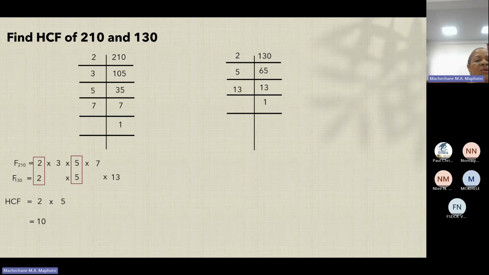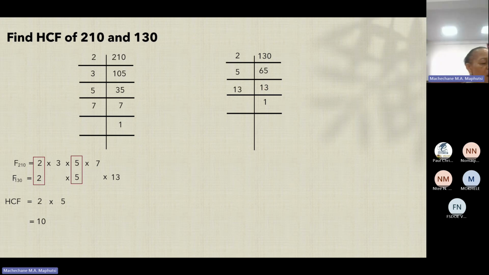So now I list the prime factors of 210, which are 2 times 3 times 5 times 7, and also the prime factors of 130, which are 2 times 5 times 13. To do this in an easier way, put the same prime factors below each other so that you can see those that are common.